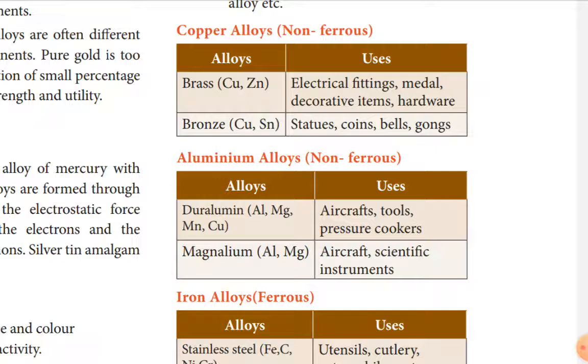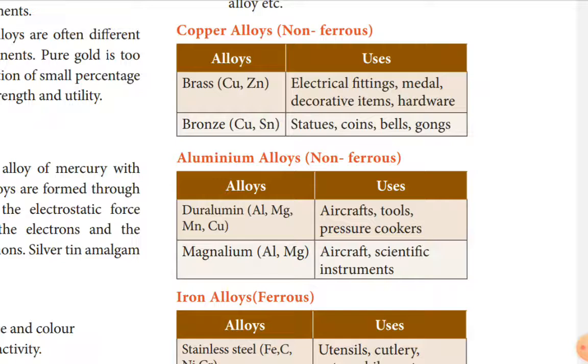In brass, the first one, copper and zinc are the two important components. And what are the uses of this brass alloy? Electrical fittings, decorative items, hardware. These things are manufactured using brass. Then bronze.